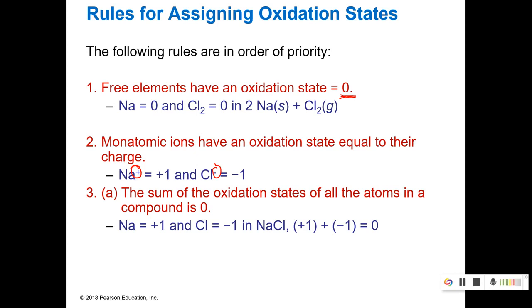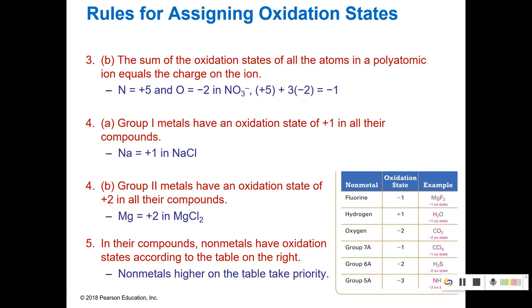That's rule 2. Rule 3 is the sum of a compound is 0. So NaCl shows no charge, sum is 0. The next one, the sum of an ion is equal to that charge. So here I've got NO3 minus, and the sum is equal to -1.